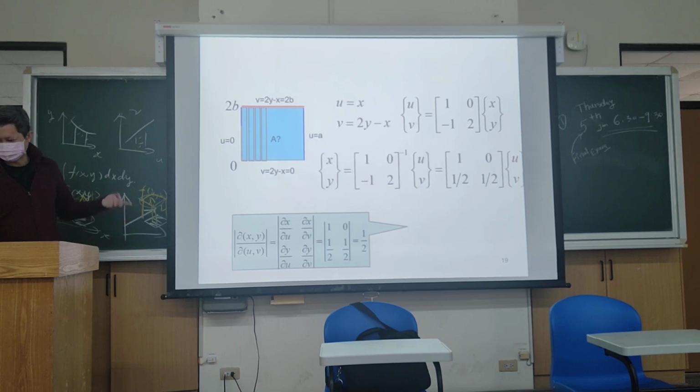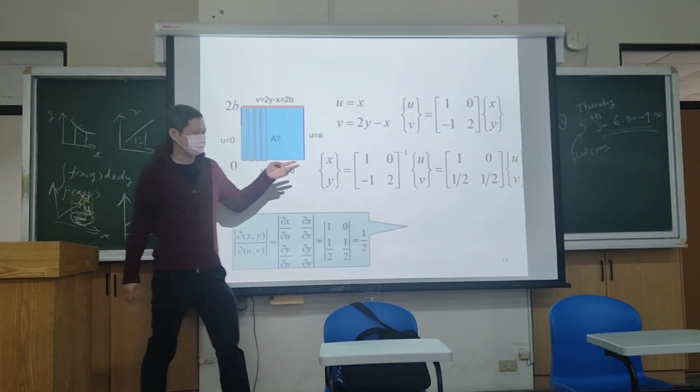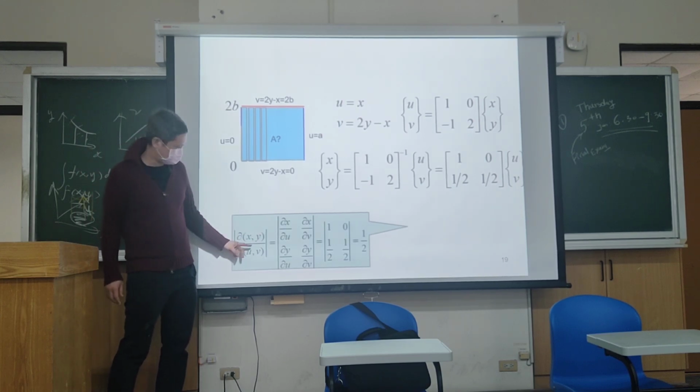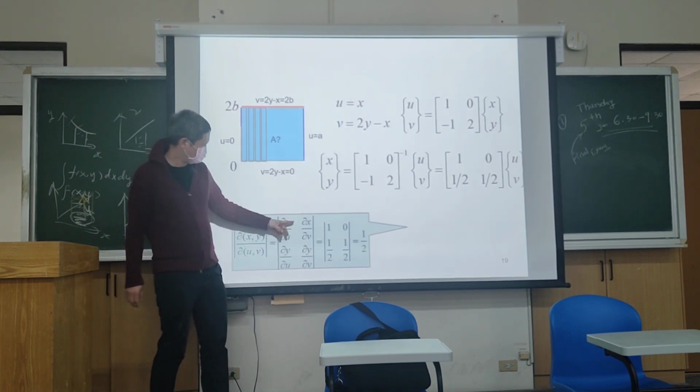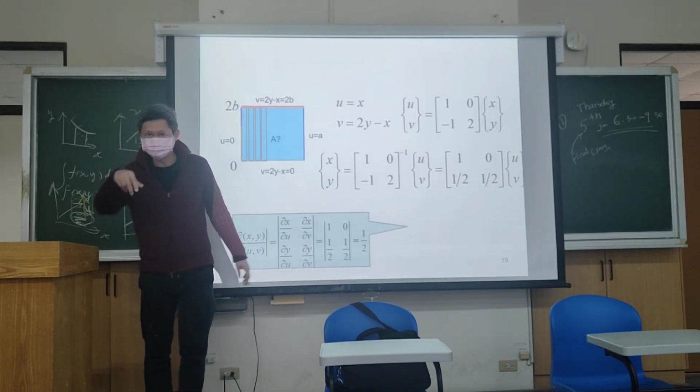Okay, if we want to find xy in terms of uv, you can readily do del x del u, del x del v. This is provided you do the transpose.